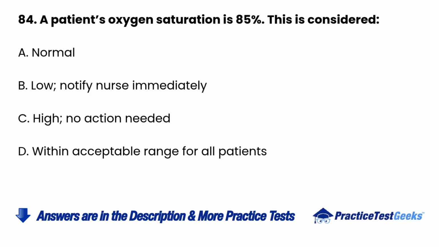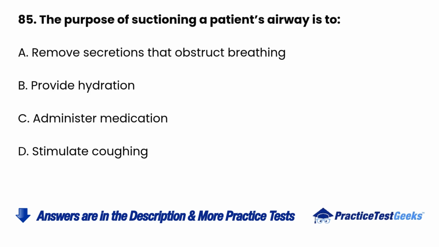84. A patient's oxygen saturation is 85%. This is considered: A. Normal. B. Low, notify nurse immediately. C. High, no action needed. D. Within acceptable range for all patients. 85.